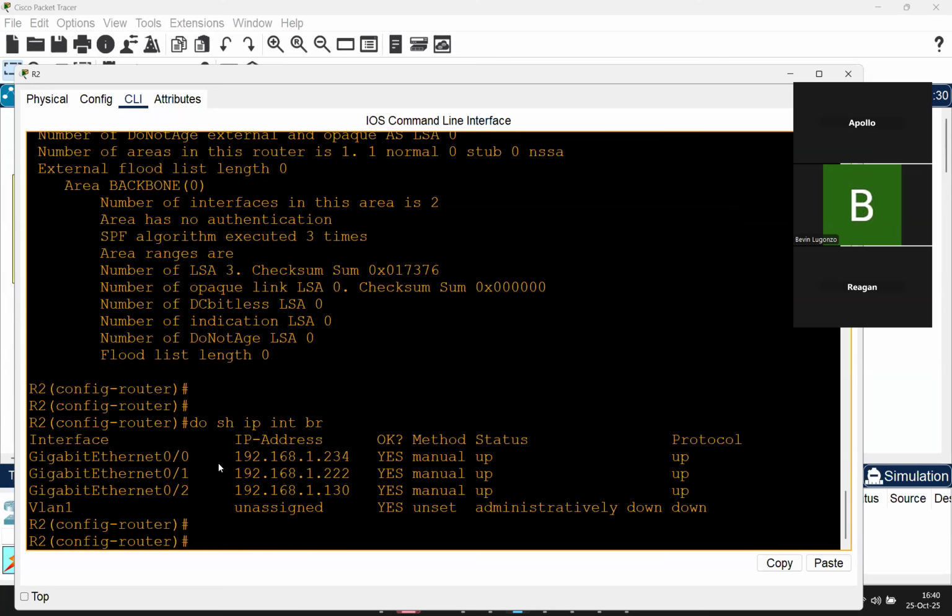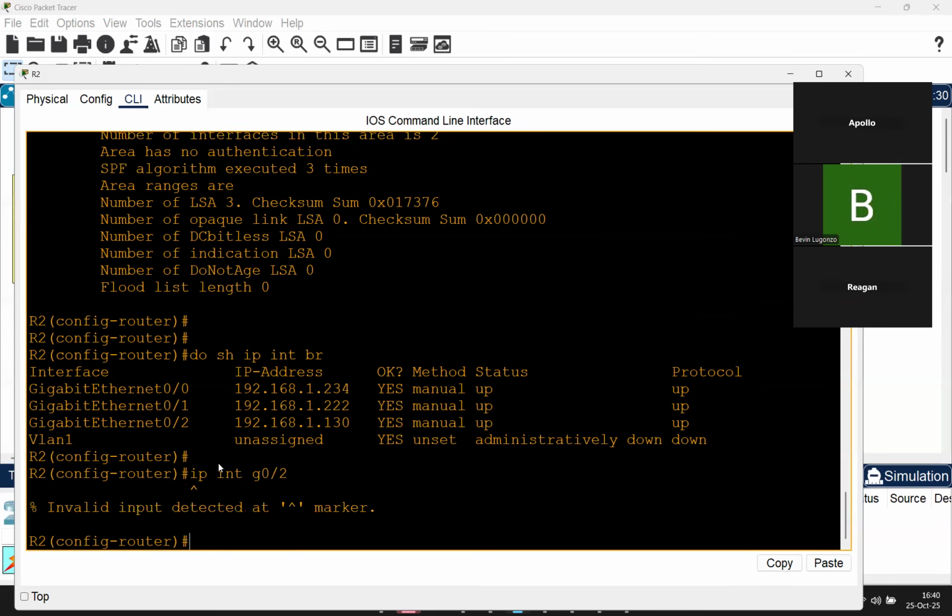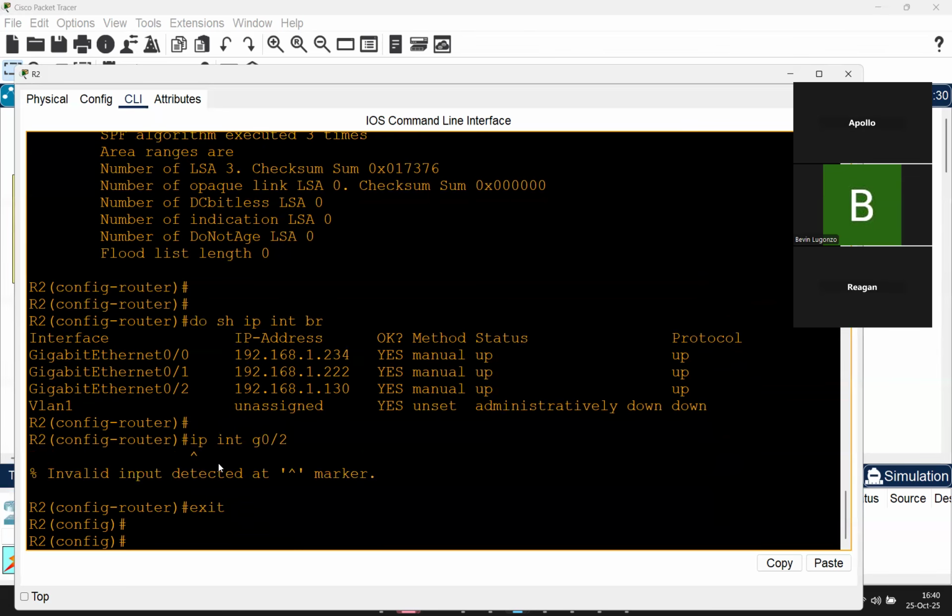So let's go to interface G0/2. Exit this, interface G0/2.